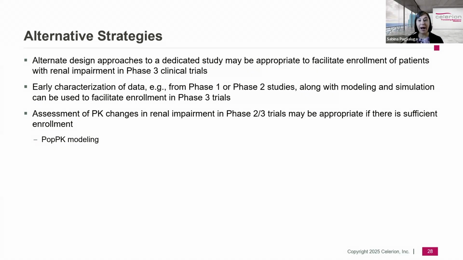In addition, a POP-PK approach can be used to collect information in a phase 2 and phase 3 trial, as long as there are sufficient numbers of patients with renal disease and appropriate PK sample collection.